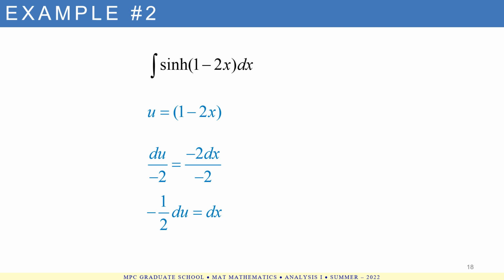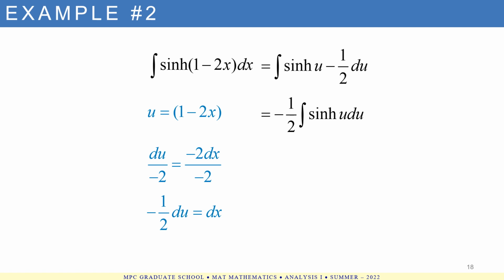Since we already have our u and du, let's start to integrate. This will be now equal to the integral of hyperbolic sine u times negative 1/2 du. Putting the constant outside the integration symbol, we are going to have negative 1/2 integral of hyperbolic sine u du.